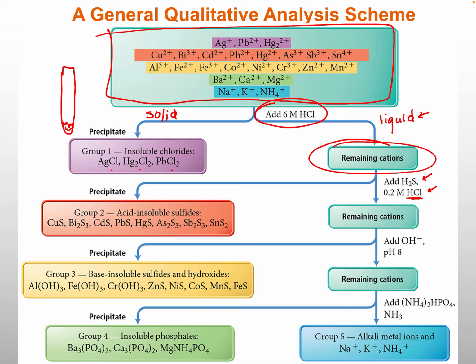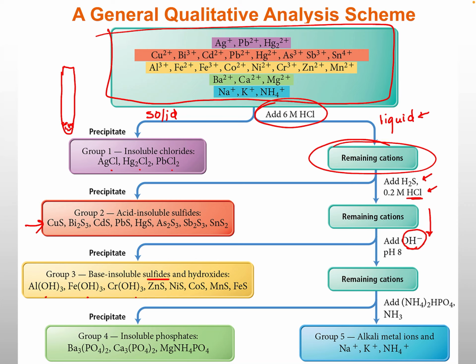Because we added acid here. So all of these are insoluble sulfides in acidic solution. And then we can add a hydroxide, right? And we can up the pH to 8, and then we can separate all of the sulfides that are insoluble in basic solution, but it will also allow us to separate out all of the hydroxides as well.